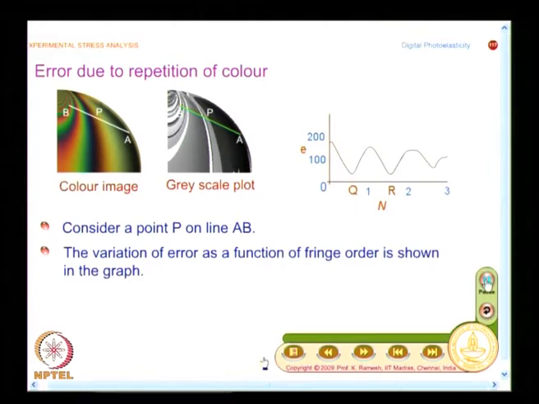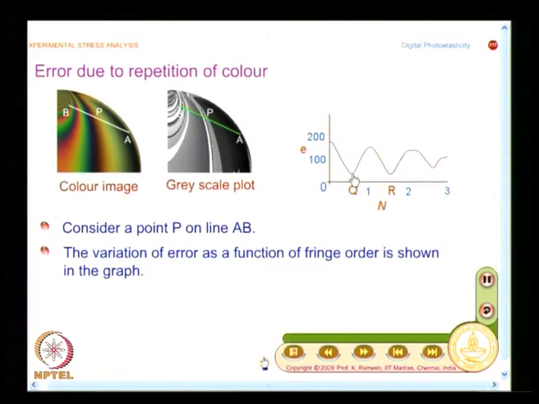So, if I look at the error, which I compute for all the data points in the calibration table, the error is like this. I have a minimum here, and this will not be confusing, but there could be a confusion between R and Q. So, we will have to find out whether to choose Q or R.